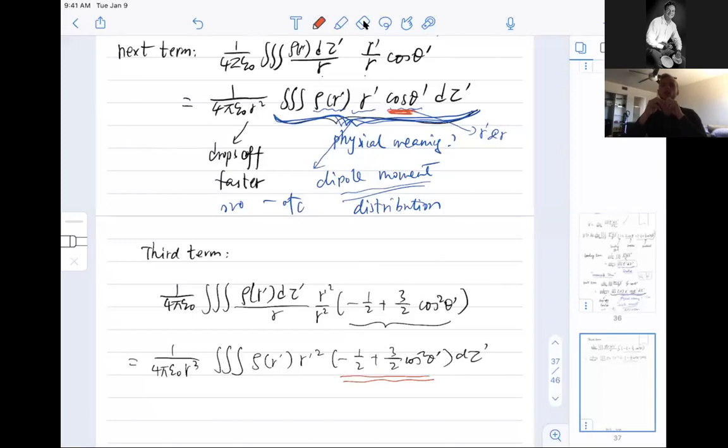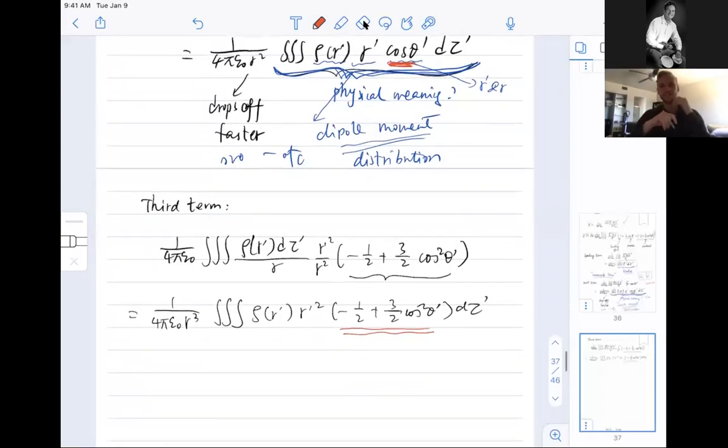It turned out that you still recall that P1 of cosine theta for Legendre polynomials is exactly cosine theta, right? And P2 of cosine theta is exactly 3/2 cosine theta squared minus 1/2. So those are Legendre polynomials. So we could write this in a simpler format.